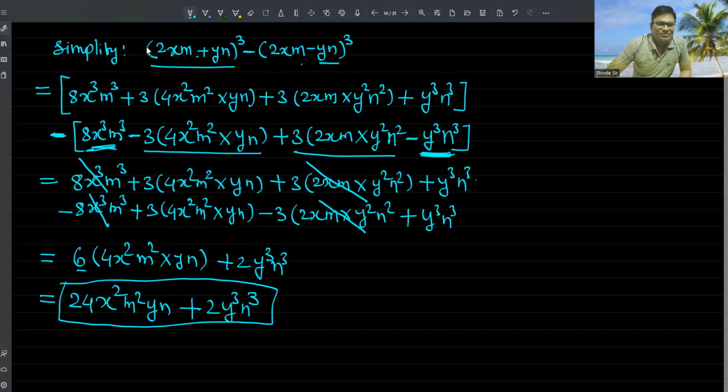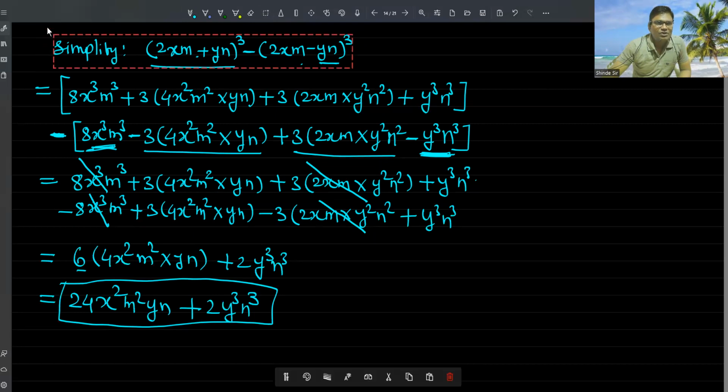Okay, you can note or take a snapshot of this whole solution. Now we are going to simplify the same algebraic expression with a different method, using a different formula of factorization of algebraic expression. We also call them the identities of factorization.